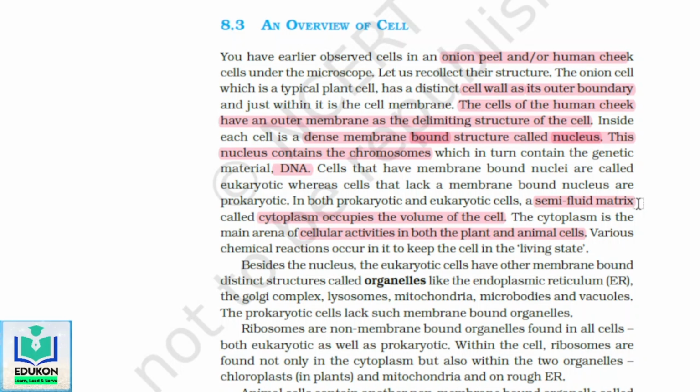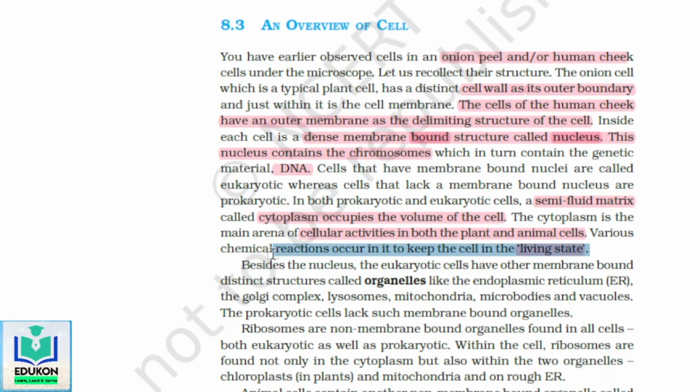Various chemical reactions like protein synthesis, enzymatic reactions, and a lot of other sequential reactions occur in the cytoplasm to keep the cell in a living state.